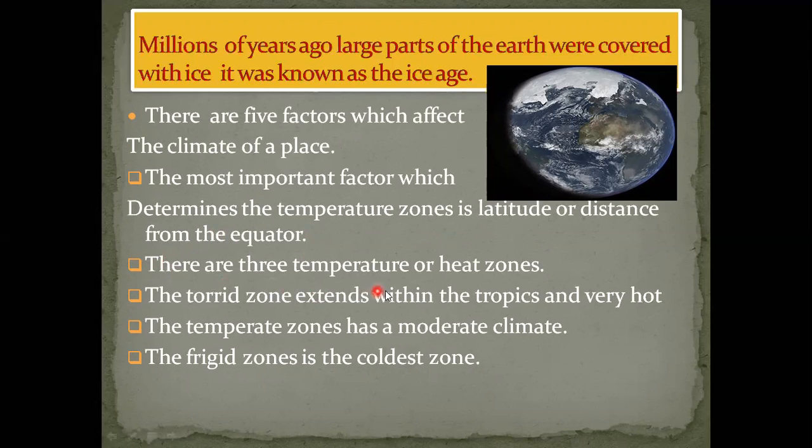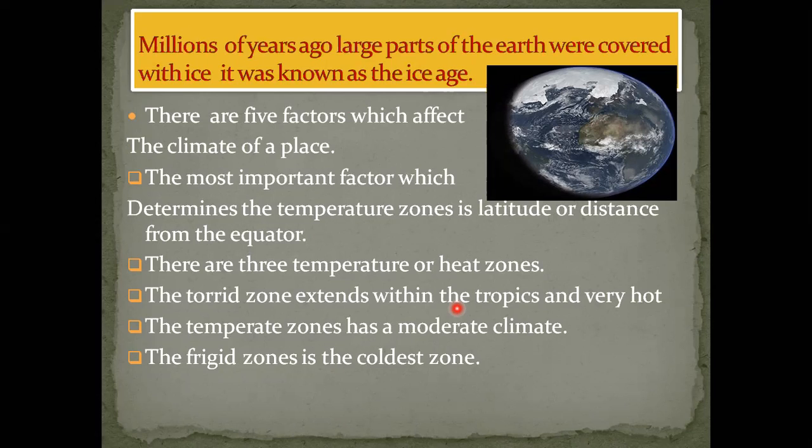Second point, there are three temperature or heat zones: the torrid zone, temperate zone, and frigid zone. The torrid zone extends within the tropics and is very hot. The temperate zone has two types: northern temperate zone and southern temperate zone.